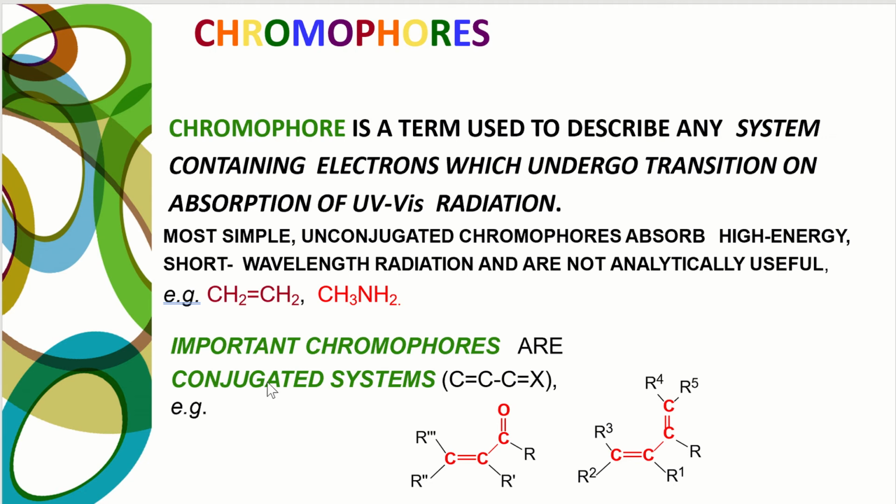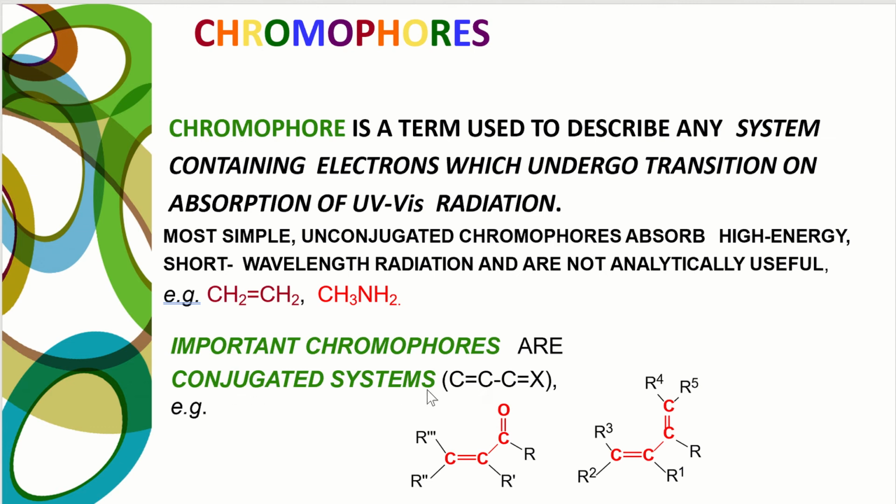So when we speak about conjugated systems, we're talking about a system such as these here, where you have a carbon-carbon double bond followed immediately by a carbon-carbon single bond, and then followed immediately by X here. X could be oxygen or another carbon, and this chain of course can continue.